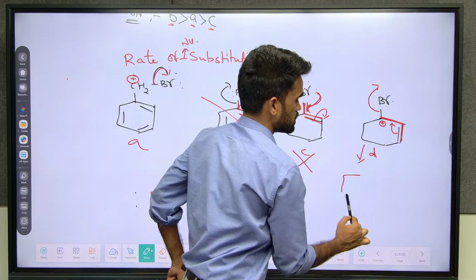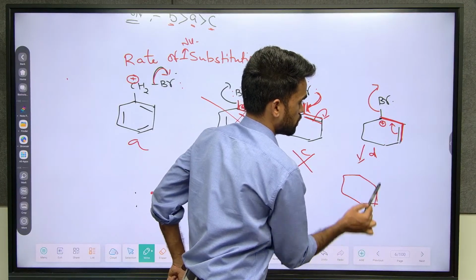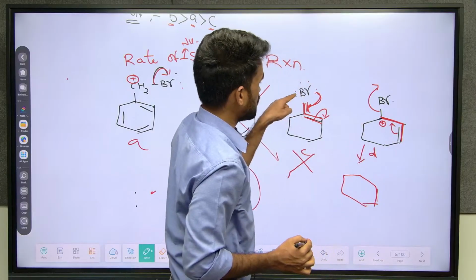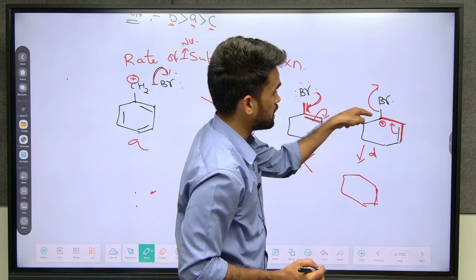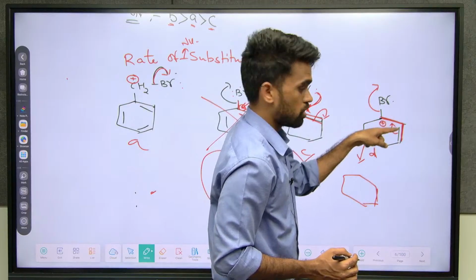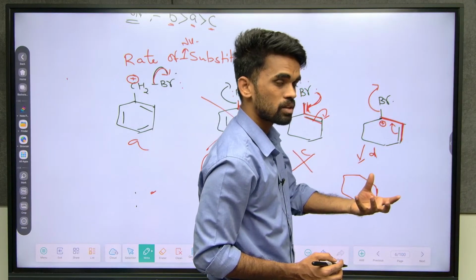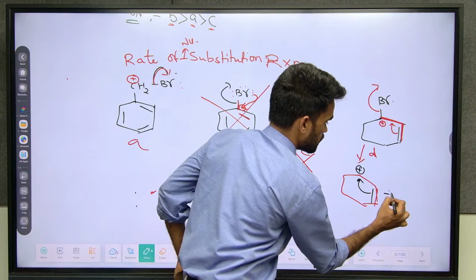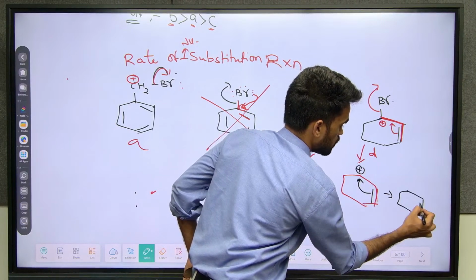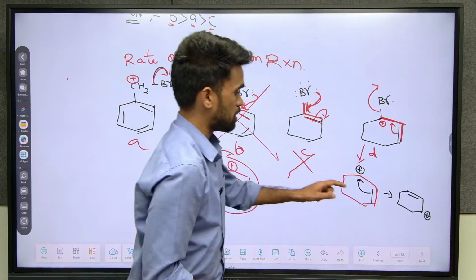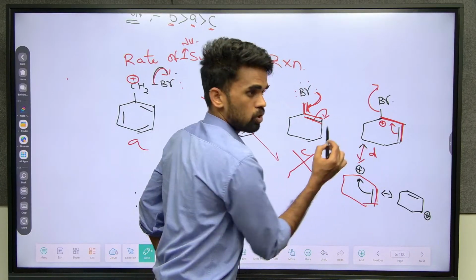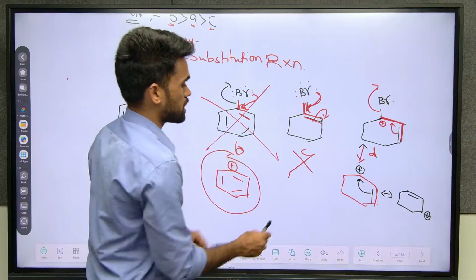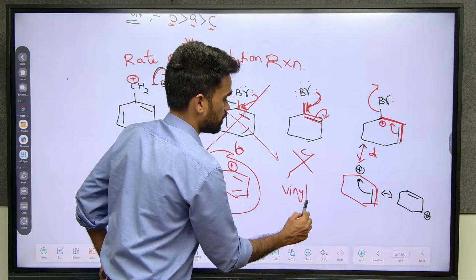So conjugation is there. Before removing this it is in conjugation, and after removing it, it becomes conjugated. What happens through conjugation? Stability. So remove that, do the conjugation like this. Is it stabilizing or not? Okay, so now these systems are called vinyl systems, vinyl carbocation.